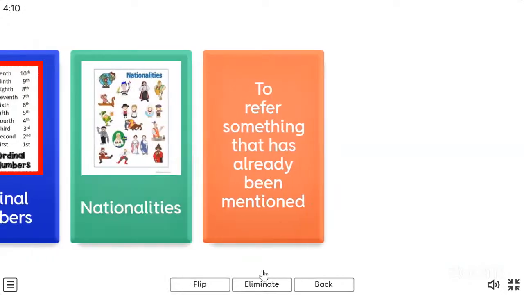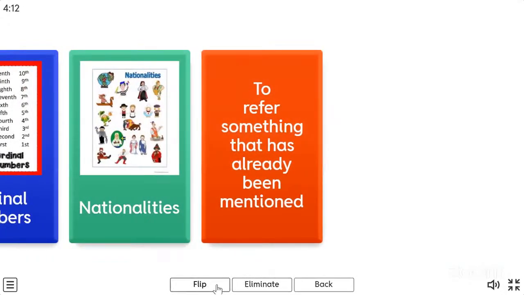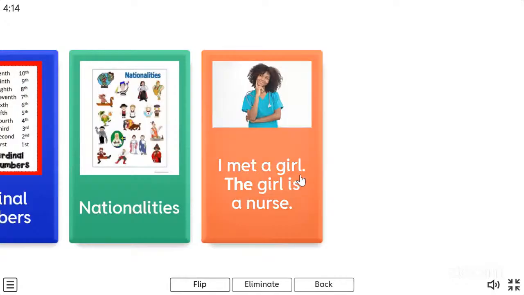To refer to something that has already been mentioned. When you have already talked about it and refer to it again: I met a girl. I met a random girl. The first time you met her, you didn't know anything about her.